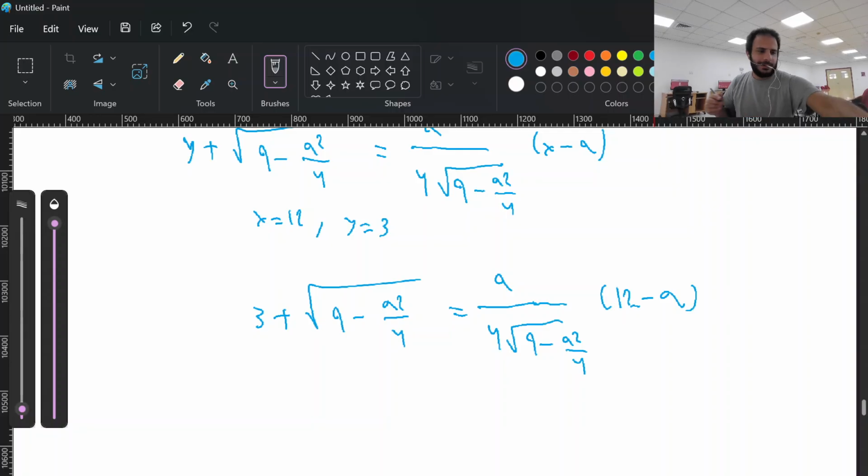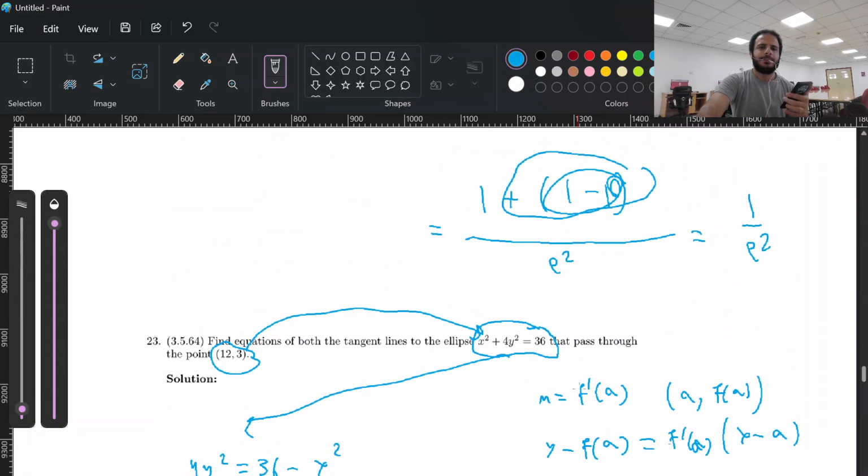Okay, I will take a look at the solution to see the easier one. We will finish this question, just this one, but I need to see the solution. It's problem 23.